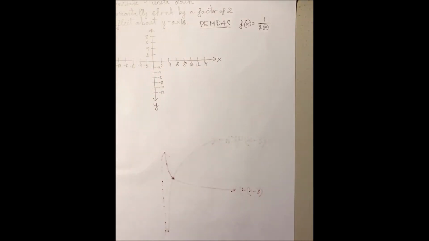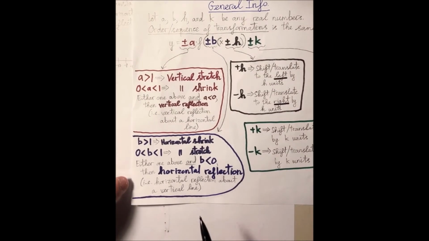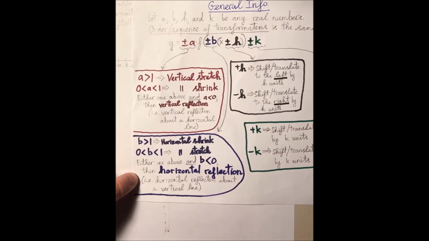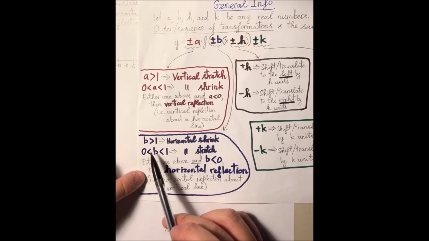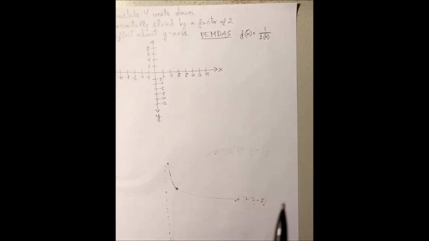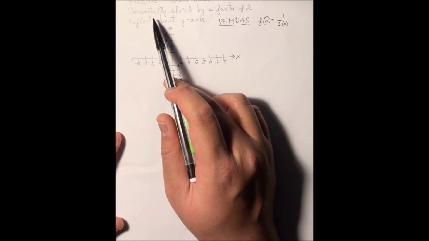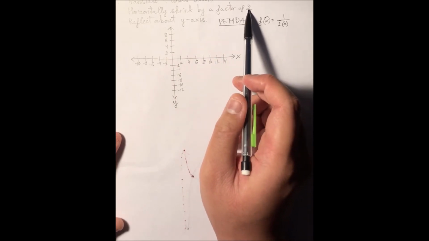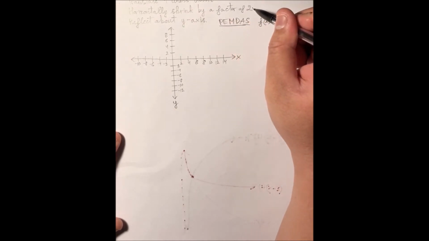And remember that when we do horizontal stretch or compress, not stretch, shrink, we have to make sure that the number is greater than 1. What I meant to say is that if we are supposed to shrink the graph of this parent rational function by a factor of 2, of course the number has to be greater than 1. So in this case we do have 2. So that's one transformation done.